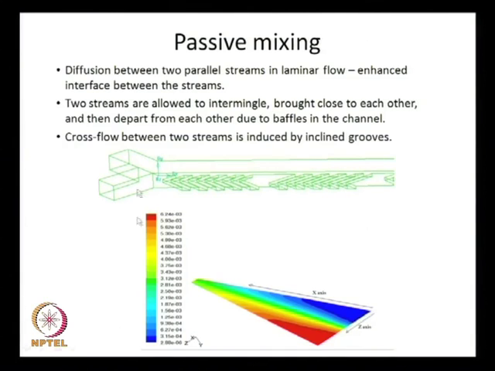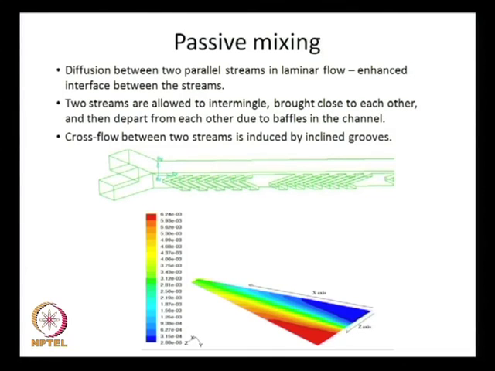If one layer is moving, then by viscous action the next layer will move, maybe not at the same velocity but at a lower velocity, and then the next layer would be moving also. So, when a fluid goes through this channel, it will pull some of the fluid above it as well. You will be inducing cross flow through this channel, that is the idea: you have these grooves placed in the floor. So, you are intentionally inducing a cross flow.